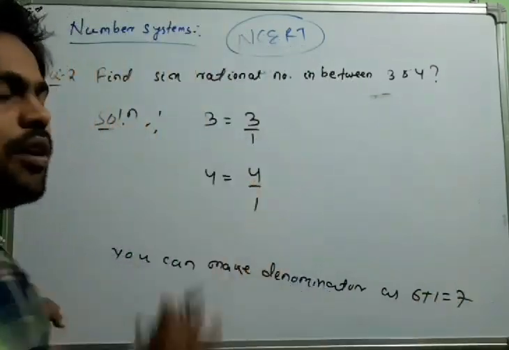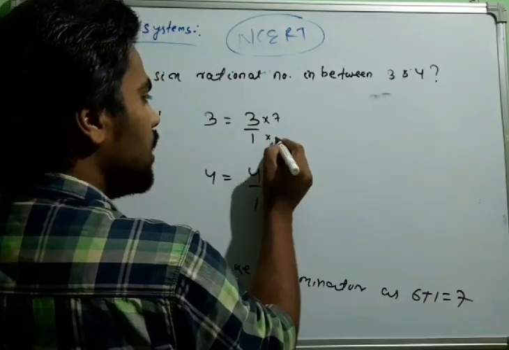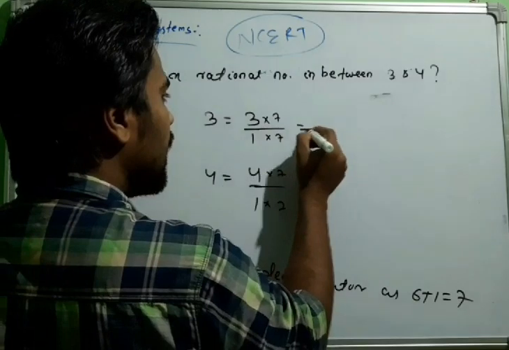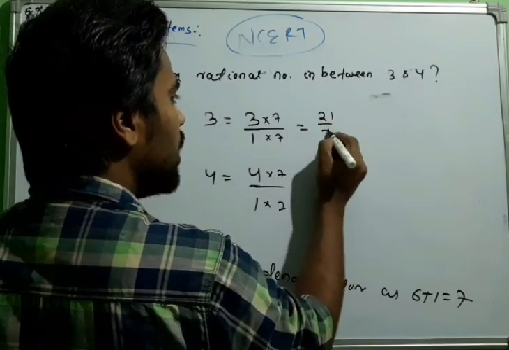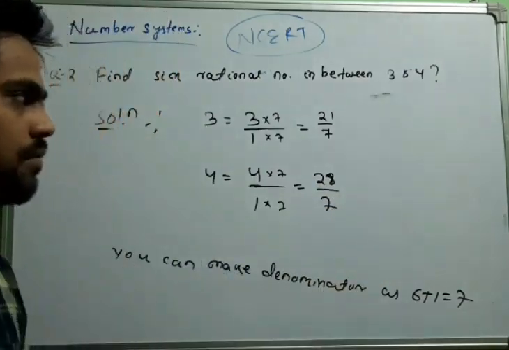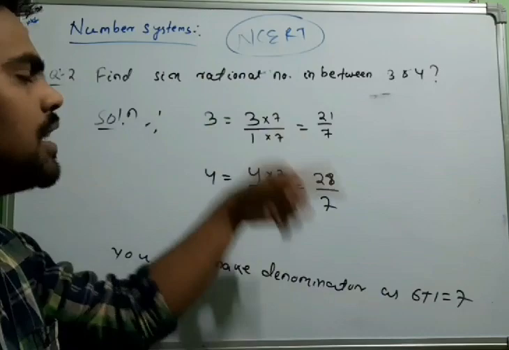You can make the denominator 7, so you multiply by 7. So now I can write here 21 divided by 7 and 28 divided by 7. Now you can easily find in between these 6 rational numbers.